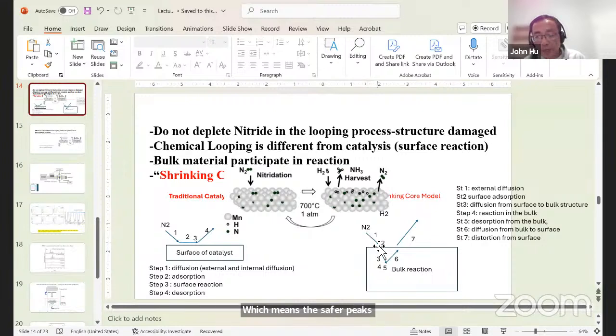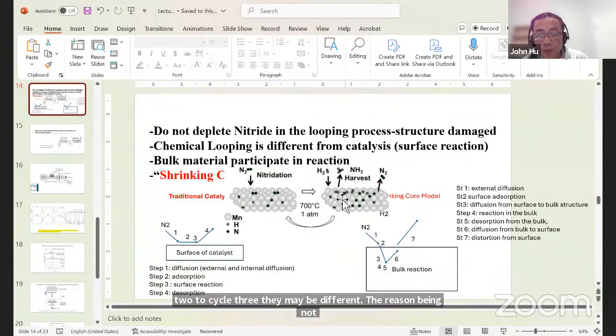This is 7 steps, so that means they are not highly reproducible. For surface reaction, the peaks will be the same. But the bulk diffusion, steps 2, 3, 4, 5, from cycle 2 to cycle 3, may be different. The reason is that some of the structure already collapsed.